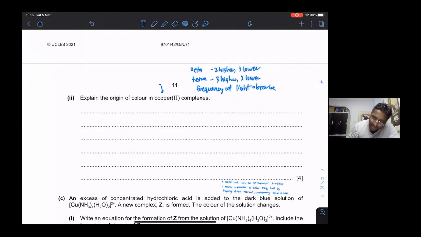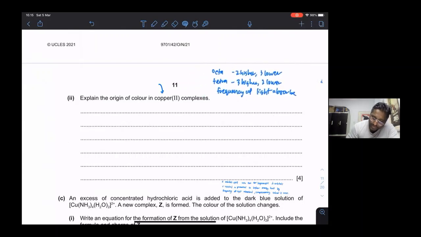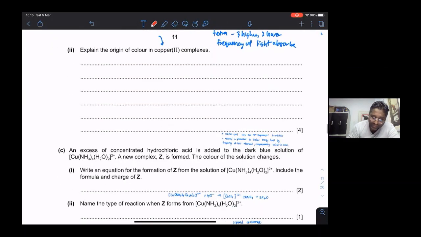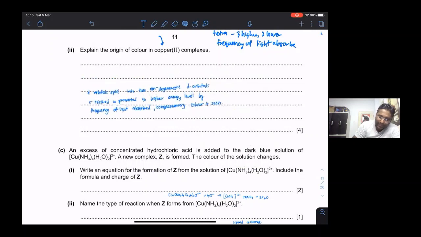I have written them over here. Because of the introduction of the new syllabus, they want you to use certain terms which are not found in the marking key here, but I will include them in the answer as well.